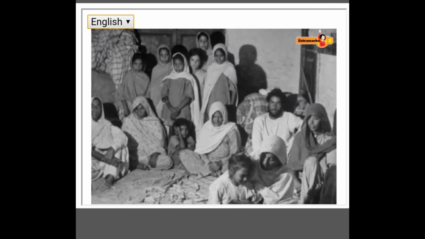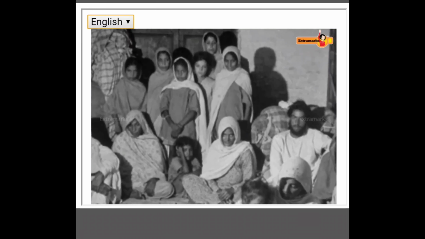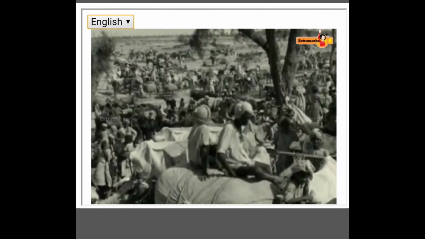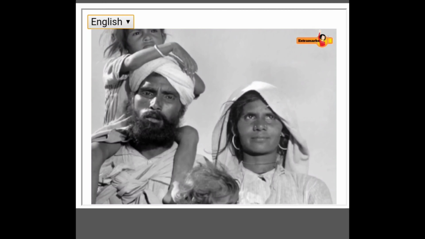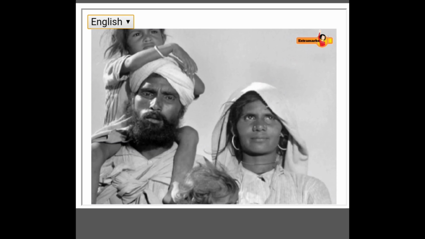Horrible atrocities of unknown variety were perpetrated in the name of religion, while the members of Constituent Assembly were deliberating upon the provisions of the Constitution.